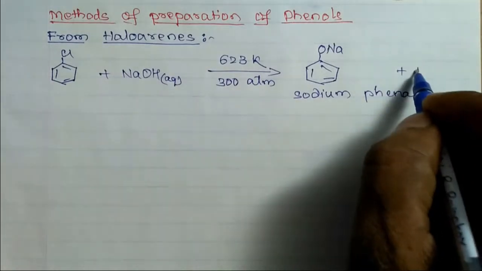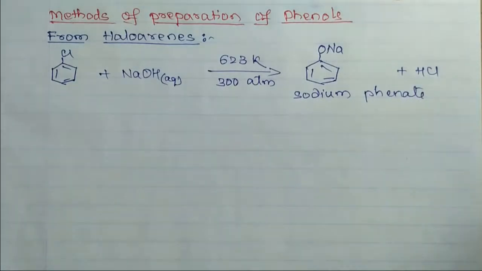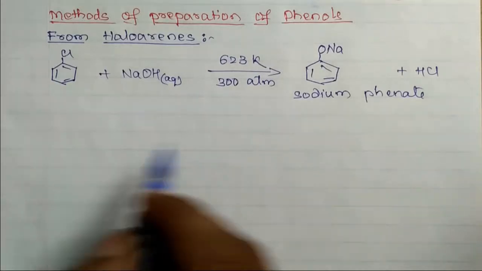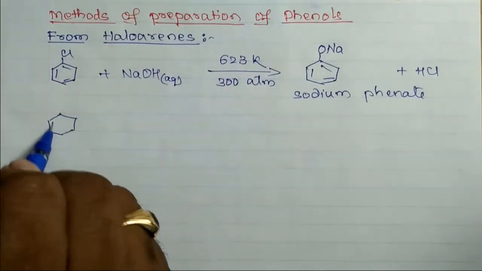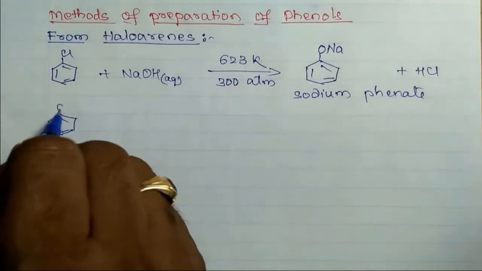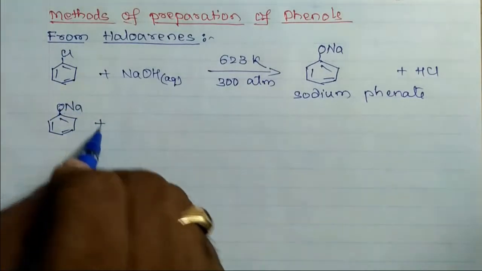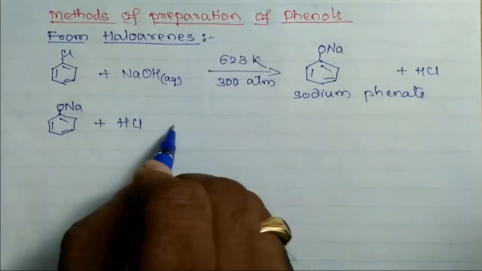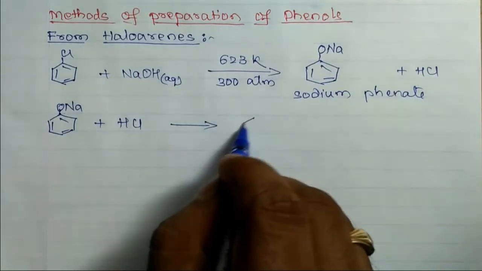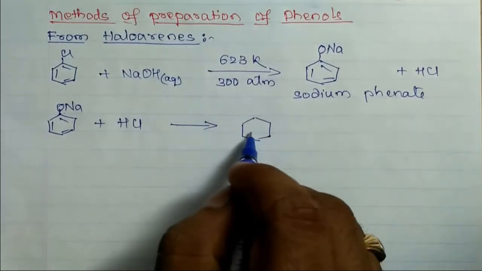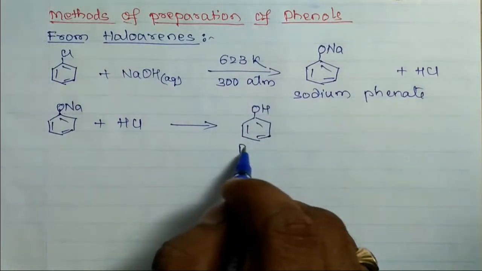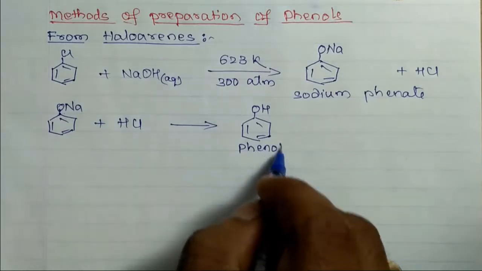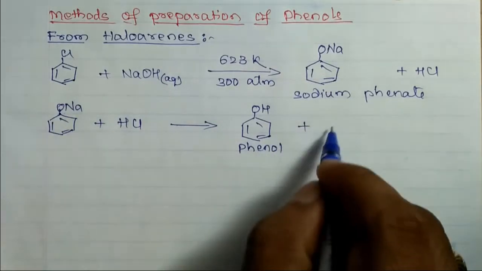Sodium phenate, on acidification with HCl, gives phenol, OH, plus NaCl.